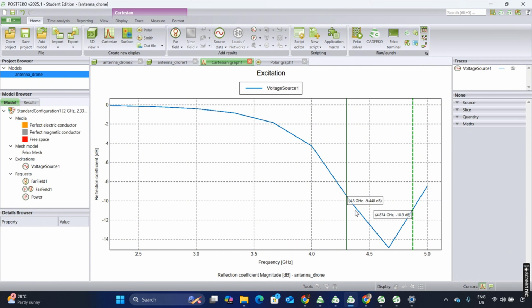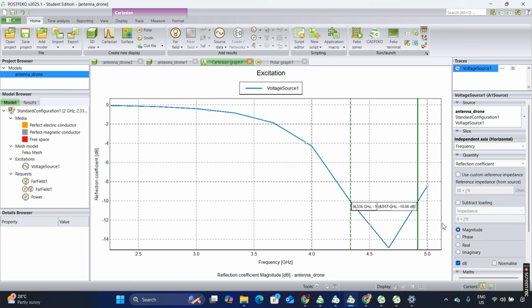In percentage, it means that about 10% of the power is reflected while 90% of the power is delivered to the antenna. So if a frequency between 4.3 to 4.9 gigahertz is used, then it will work best.